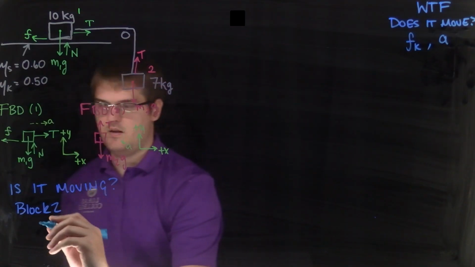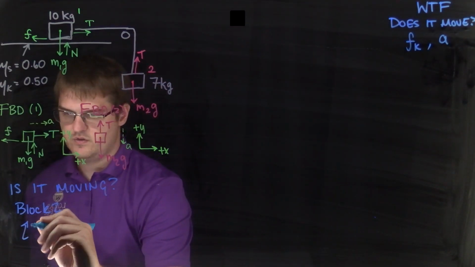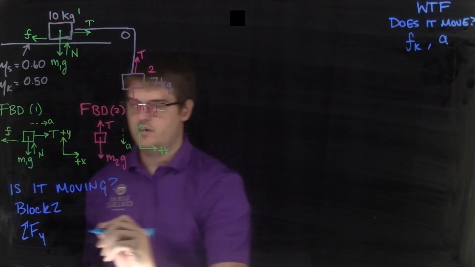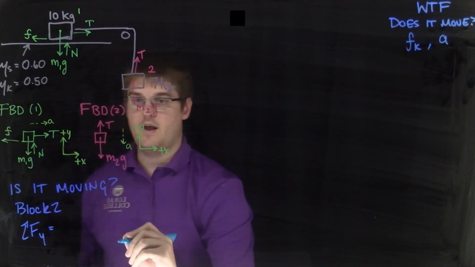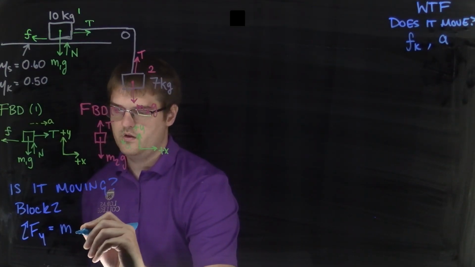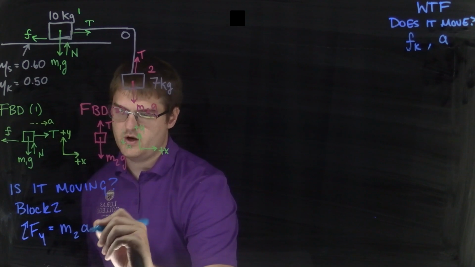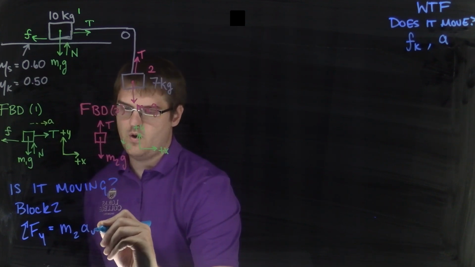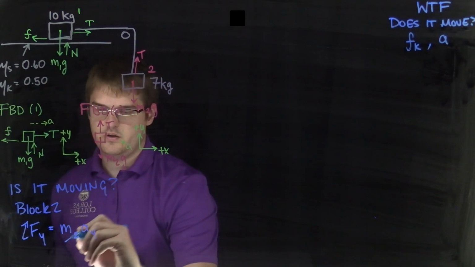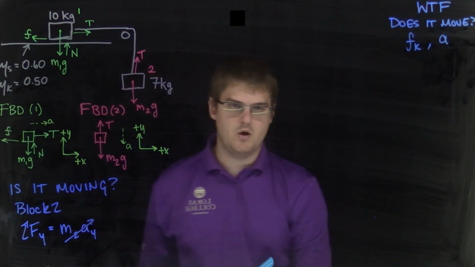I can say that the sum of my forces in my y direction is going to be equal to the mass of block 2 times my acceleration in the y of block 2. I'm saying my acceleration is very, very small, so we're going to treat it as 0.